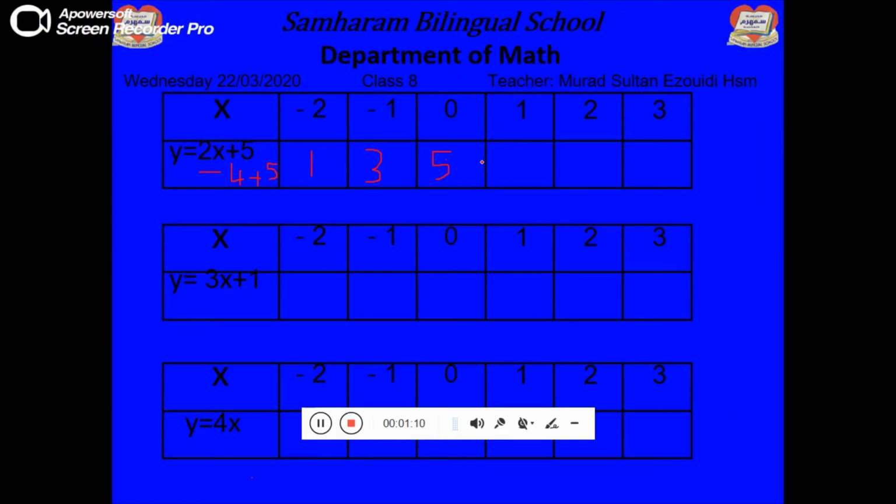Then when x equals 1, 2 multiplied by 1 is 2, plus 5 is 7, then 9, then 11.